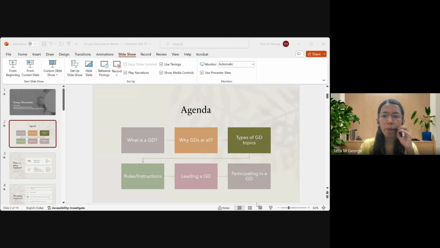You can also participate fruitfully in a group. So there are two roles here. Both of these are roles that you need to learn how to handle if you intend to shine in a GD. That is why we have separate sections on how to lead a GD and how to participate in a GD.